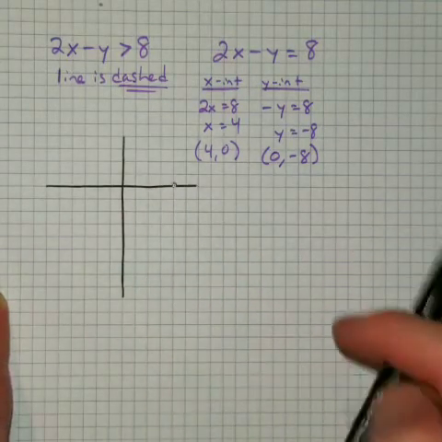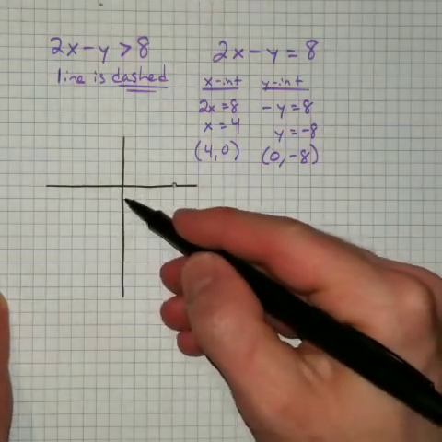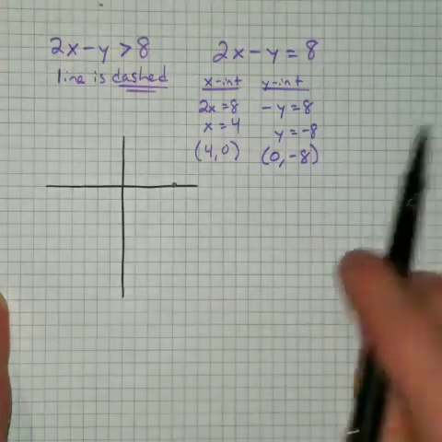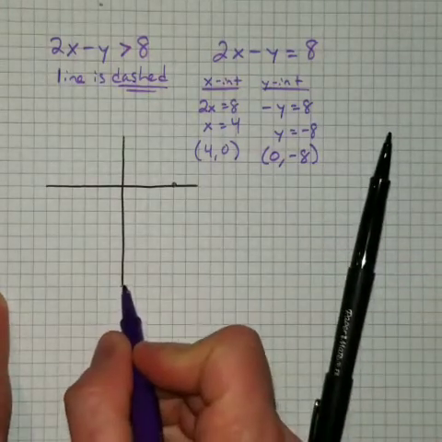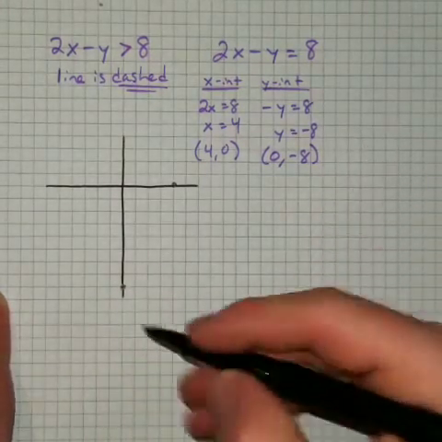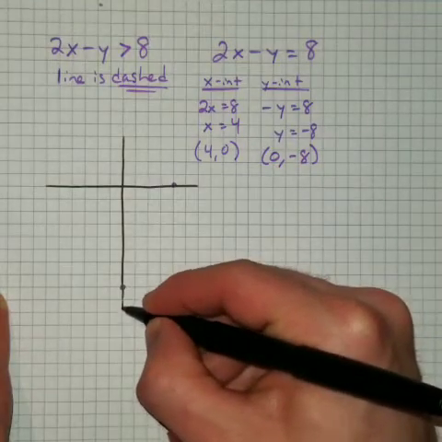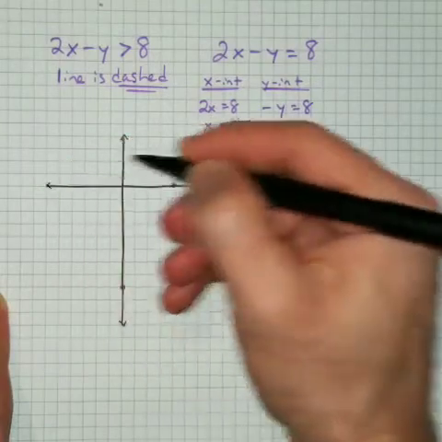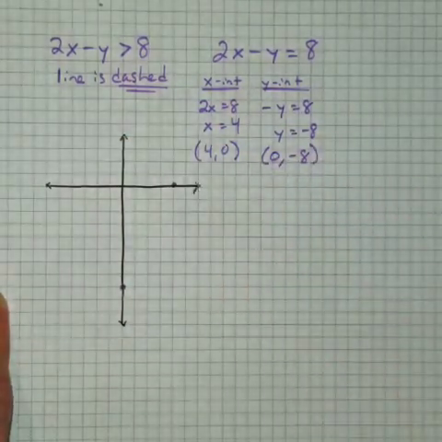I know that negative 8 is the y, so 1, 2, 3, 4, 5, 6, 7, 8. Maybe I'll go down a couple more just to make sure I've got enough space here to graph this out well.